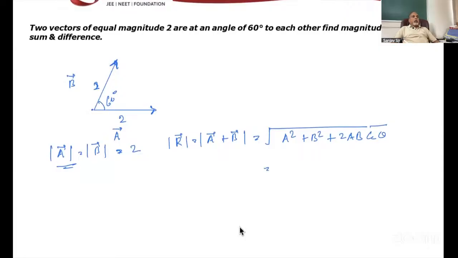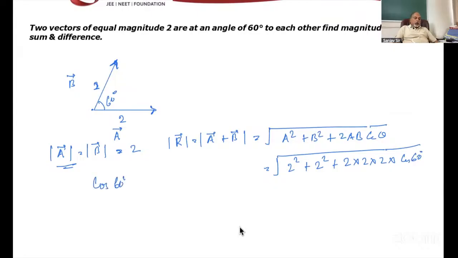So here, 2 square plus 2 square plus 2 into 2 into 2 into cos 60 degrees. Cos 60 degrees is nothing but 1 by 2. That means root of 4 plus 4 plus 4. Correct. This is your 2 root 3.